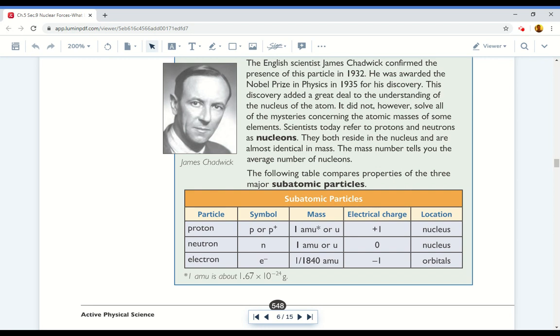The mass number tells you the average number of nucleons. The following table compares properties of the 3 major subatomic particles. And here are the 3 major subatomic particles.